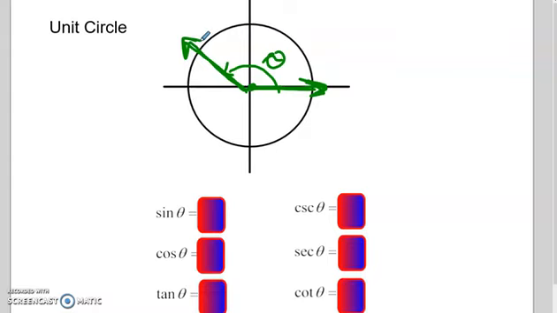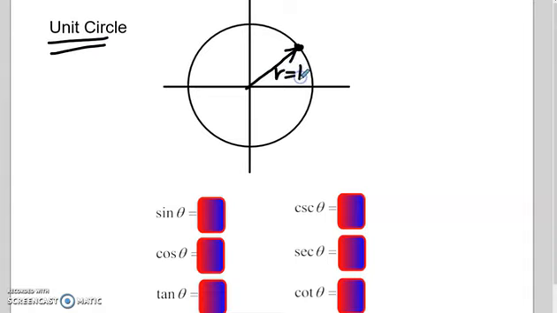So now the first thing I want to share is that for these, let's look at the basic acute angles first here. So what we can do is take a point on a circle that's going around here. Now this is called a unit circle, and what that means is the radius of this circle is 1.